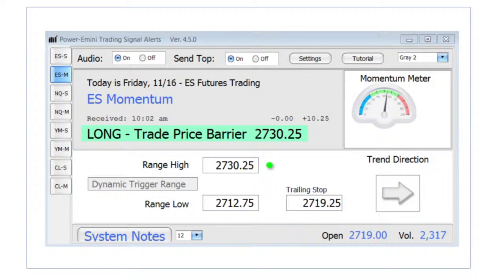The desktop alert software is designed to be platform independent so that you can trade in any platform and just run this on your Windows machine. If you have a Mac, you can use a Windows emulator and still run this software, so don't let that hinder you.